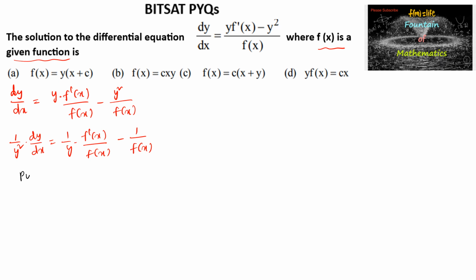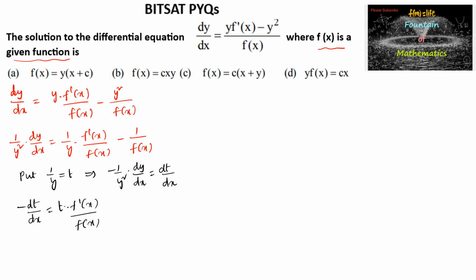So put 1 upon y is equal to t. So you'll get minus 1 by y square dy by dx is equal to dt by dx. So we can write 1 upon y square dy by dx is minus dt by dx is equal to t into f dash of x upon f of x minus 1 upon f of x.